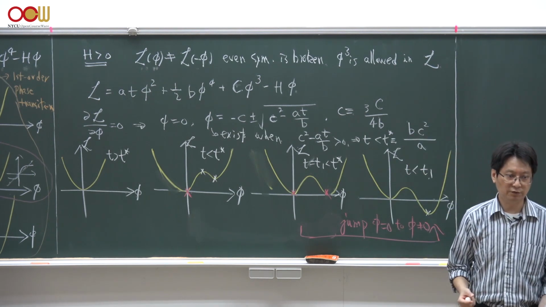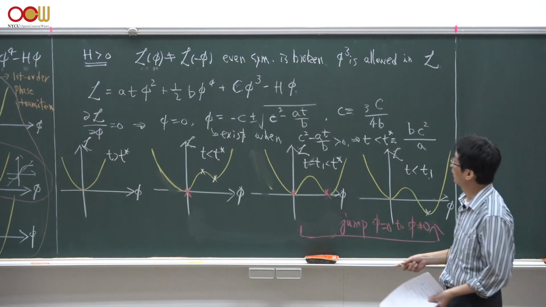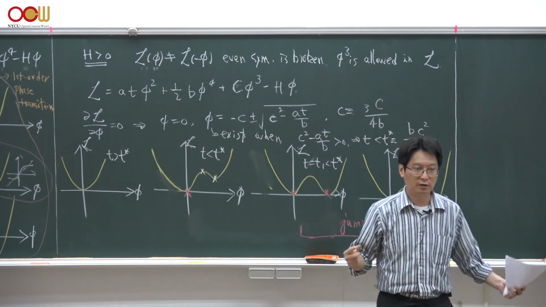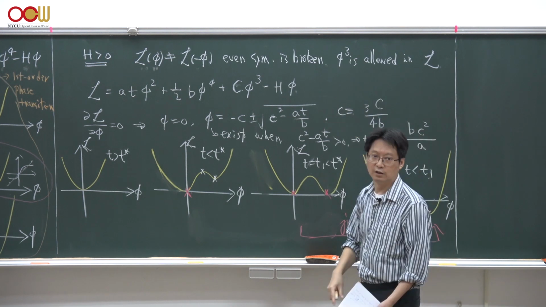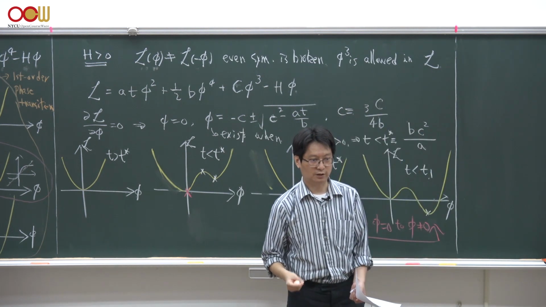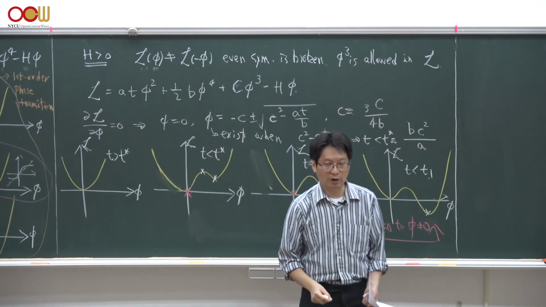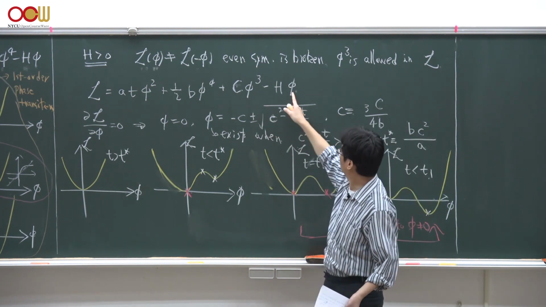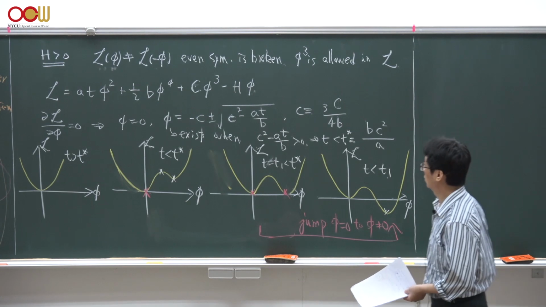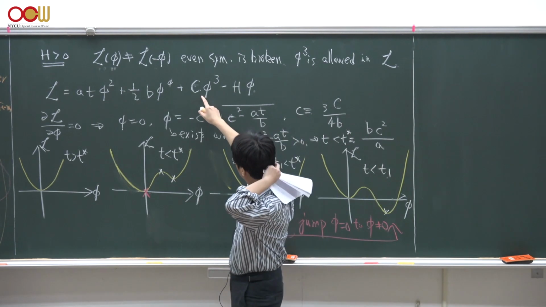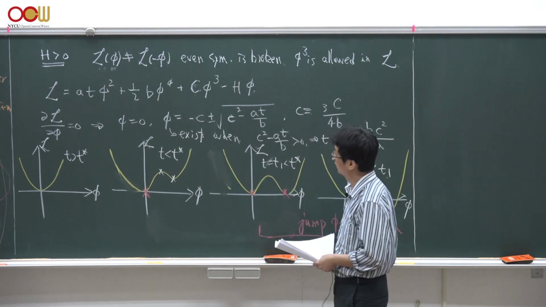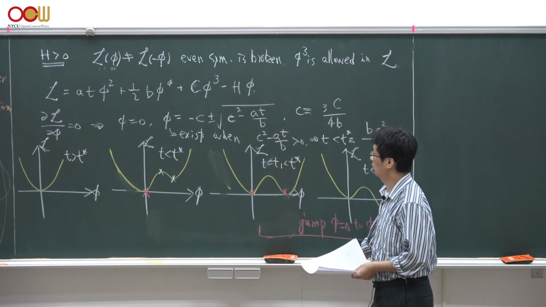Now the zero field limit is gone, we are at the finite field, so that symmetry is broken, so we are allowed to add these odd power terms as we like. And the lowest power that we could add is actually the cubic term, because we already have this linear term. So we just add this cubic term here, and this prefactor capital C is the coefficient of this cubic term.